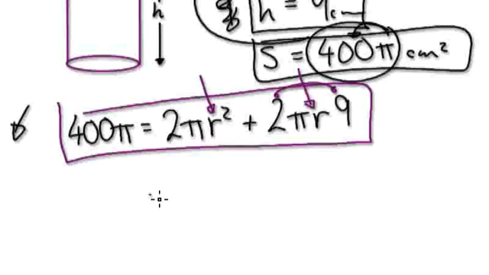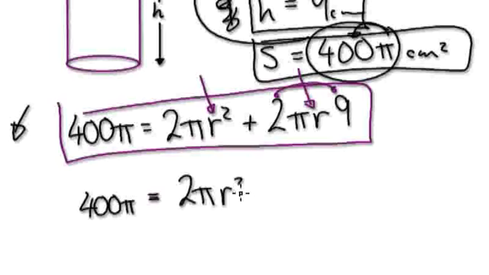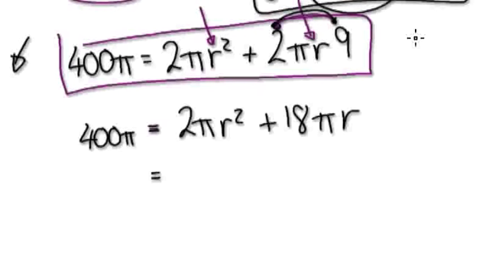R is what you want to know, but the thing is that r appears in two places here. So let's tidy this up as 400 pi equals 2 pi r squared plus, let's merge the 2 and the 9 together, 18 pi r. We're pretty good at finding out where it crosses the x-axis. So let's rearrange this so that you have 0 on one side.